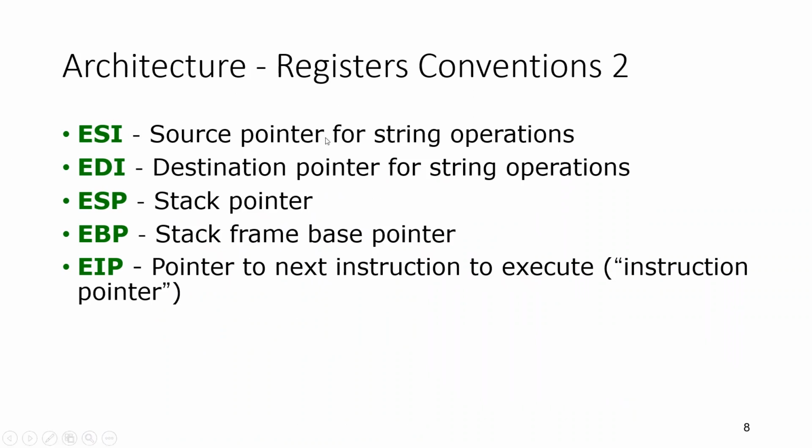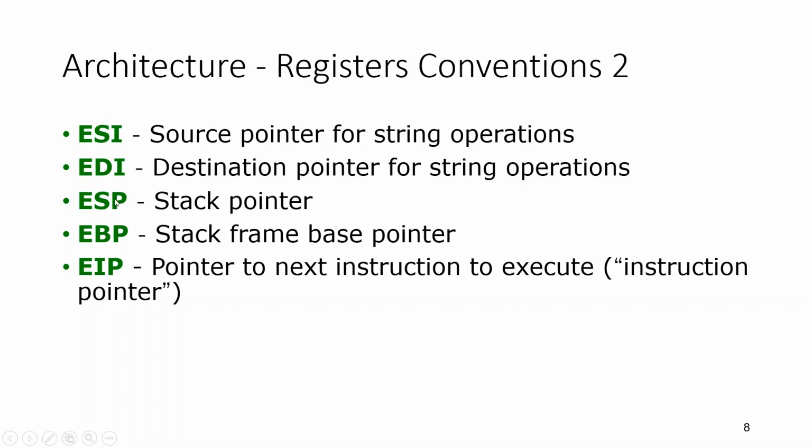And there are other registers: source index, destination index, stack pointer, frame pointer or base pointer, and instruction pointer. Source index is the source pointer for string operations. If you want to copy some part from one string to another string, you can name them source index and destination index. ESP is the stack pointer.